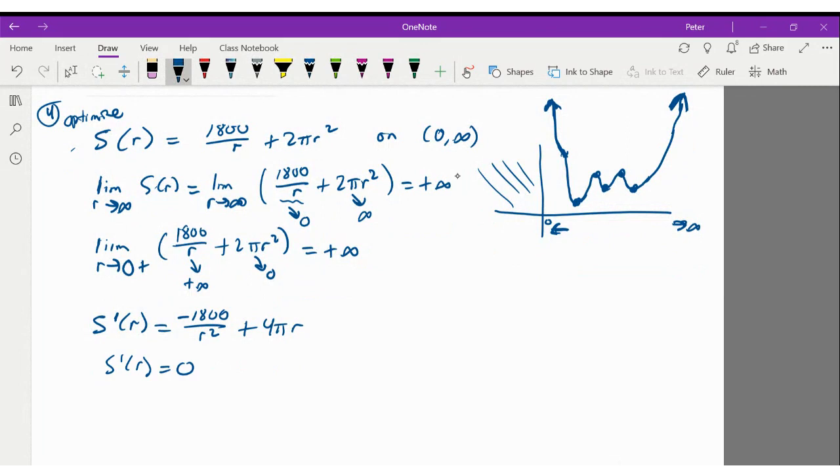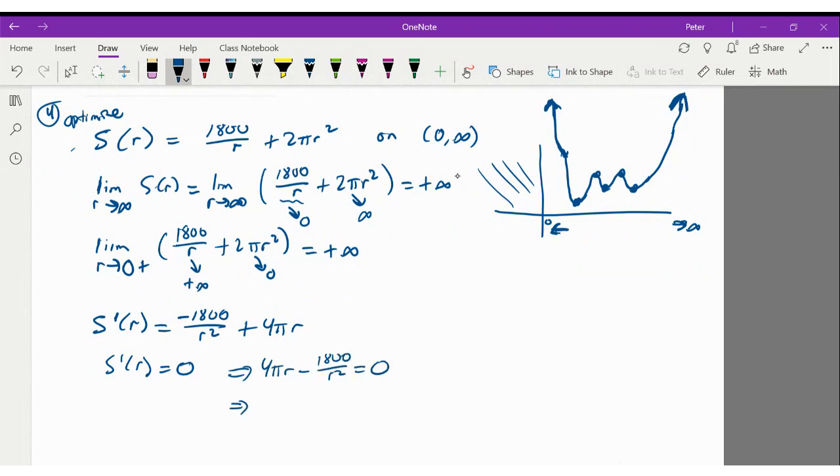Clearly, we don't have to worry about places where s prime is undefined, because the only place where we get an undefined value is at r equals 0, and we've already decided r equals 0 is not part of the domain. So s prime of r equals 0 implies that 4 pi r minus 1800 over r squared equals 0.